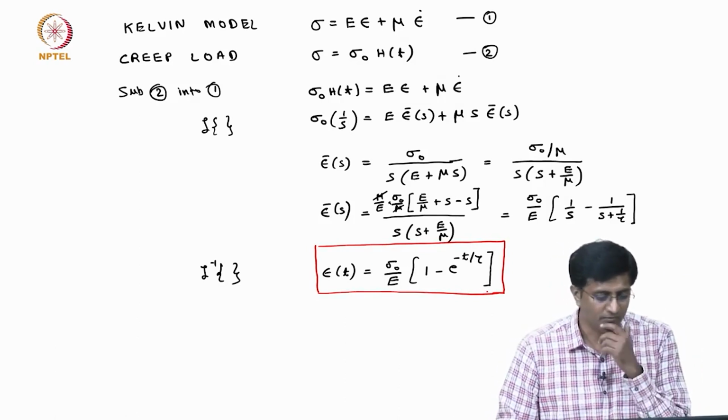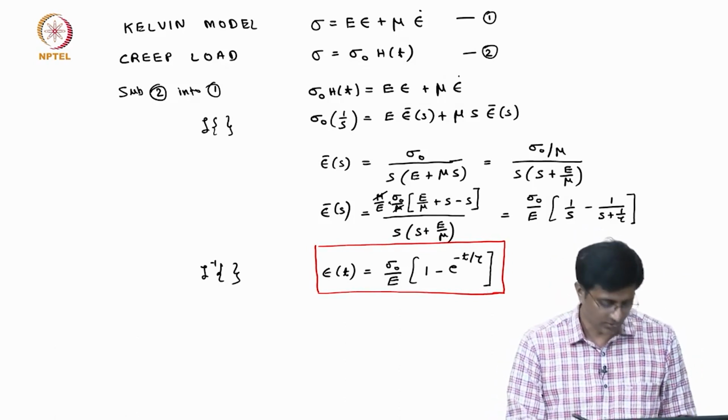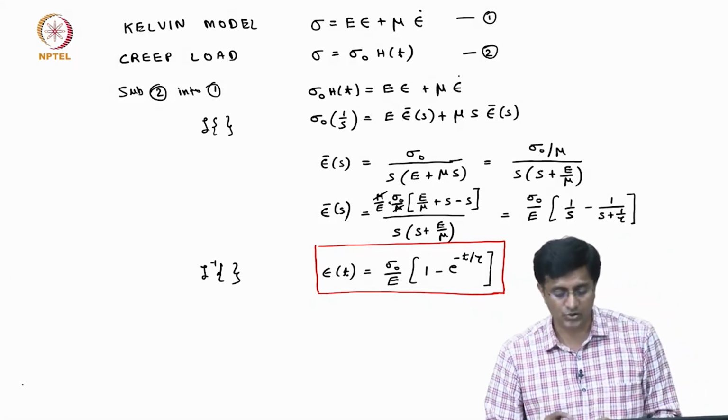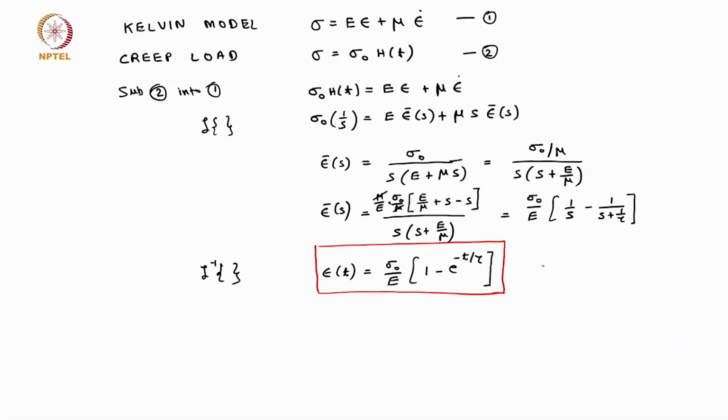Again, like previous cases, let us visualize it so that we can appreciate what this equation is showing us. First let us look at the input to start with. With time, since it is creep, the stress is applied as sigma naught. And now we are looking at what is the strain response.